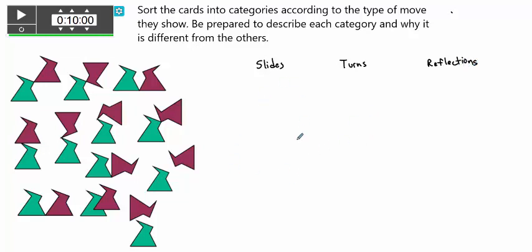So those are the categories we're going to sort. So let's take a look at this first card. This first card, we're going from this green original shape and we're sliding up to here, so it's going to be a slide.